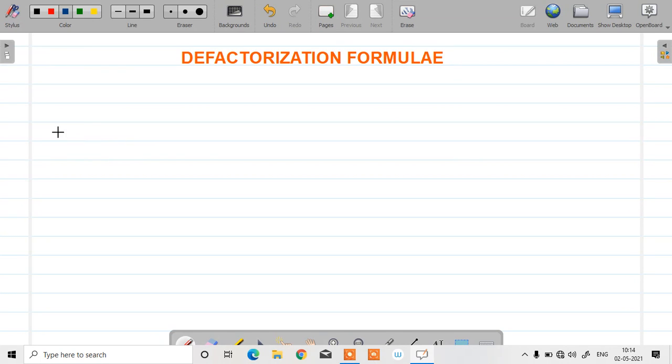So, let us study. I will write the first formula. By using compound angle formulae, you will get the defactorization formulae.